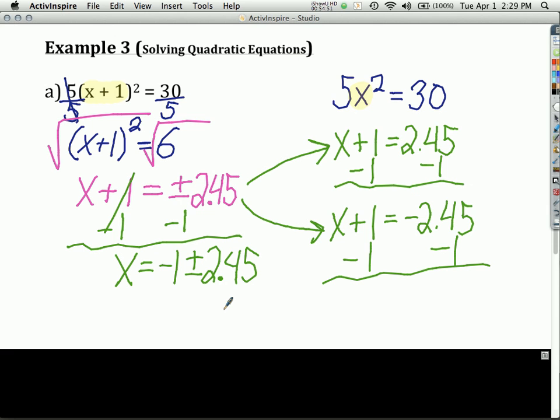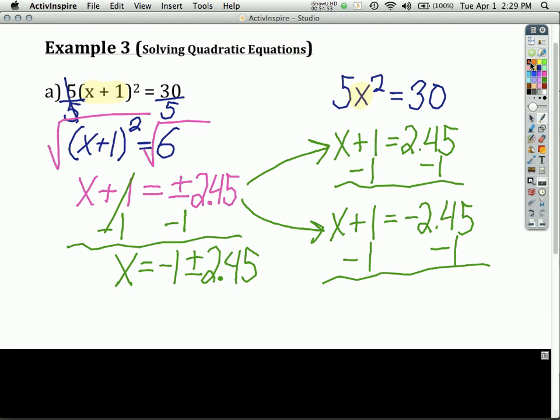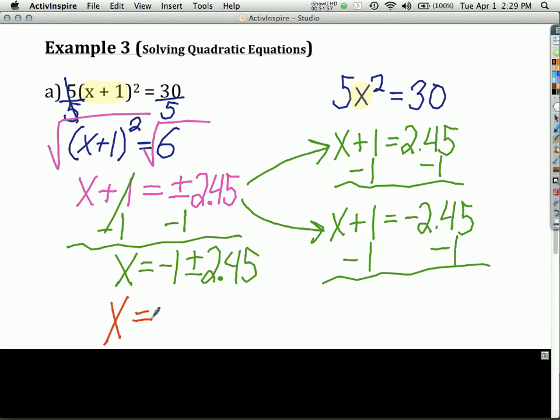Use your calculator if you need to. It's not that big a deal. X will equal... I should see you either mentally calculating or writing things down. Chris, you already got it? Yeah. Go ahead. X equals 1.45. That's right.